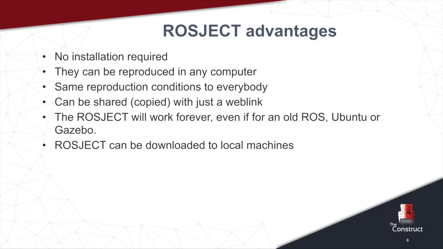Then another option with the Rosject is that you can download the actual Rosject, because they are just files in standard ROS workspaces. So you can download it to a local machine and use it there if you are willing to put in the effort, because in that case you will have to compile, see if there is any difference between the libraries that were used on the cloud and the ones you have on your local machine.